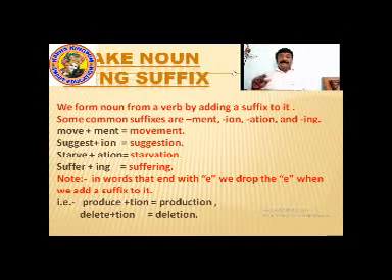Note that in words that end with E, we drop that E when we add a suffix to it. We will come with more examples to understand the topic better. Give me 5 seconds, write it down. Write down the spellings, memorize them with proper pronunciation. Give me 5 seconds, go through it.